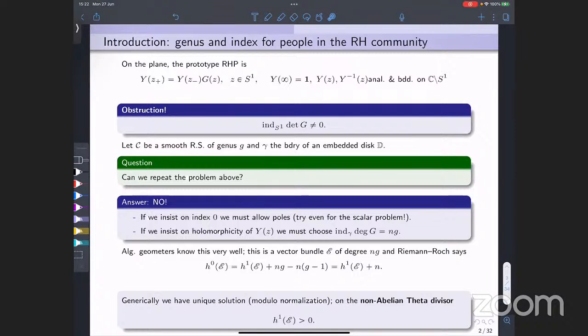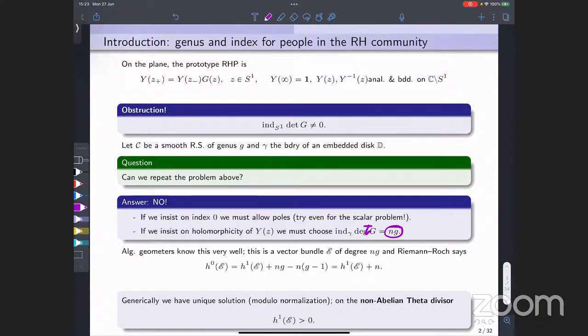Now, if you insist on the holomorphicity of Y, and you can't insist on the holomorphicity of the inverse, or vice versa, of course. If you insist on the holomorphicity of Y, then it turns out that generically the best you can do is to allow the index of the determinant of G to be ng. n is the size of the matrix, g is the genus.